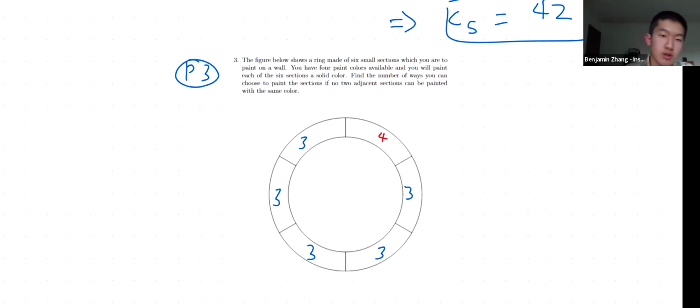Not necessarily though. So once you're done with 5 of the sections, this last one depends on whether these two have the same color. So if these two have the same color, then this one has 3 options. But if these two have differing colors, then this one only has 2 options.